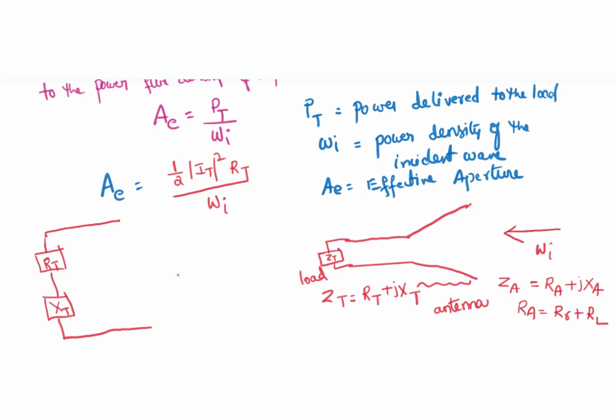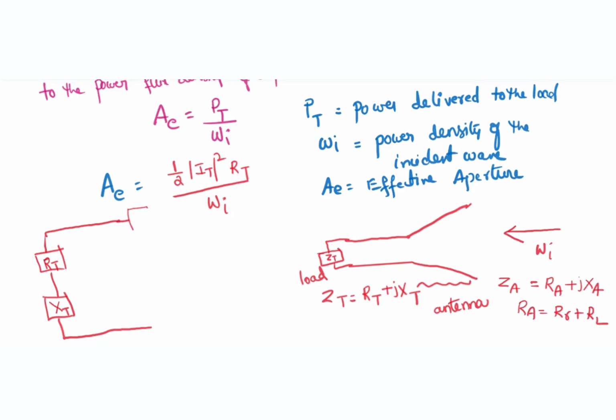RR is radiation resistance, RL is loss resistance. Another point, the incident wave is incident on this plane. You have to treat that incident wave energy as the voltage or the input. So totally the diagram is like this.